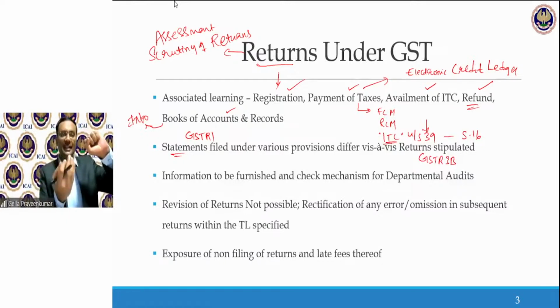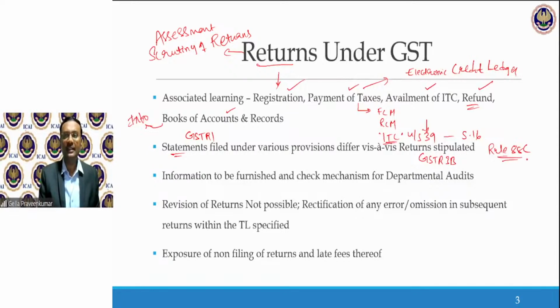When you file your GSTR-3B, you declared only 50 rupees. So your output tax is higher in GSTR-1, lesser in GSTR-3B. Why have I done that? To get my payment from my customer, I uploaded the entire 120. Because I don't have sufficient cash, I short paid my tax. Then provisions of Rule 88C come into the picture. This is a new rule which was brought in 2023. So in the examination, wait and watch for one question connected with Rule 88C.